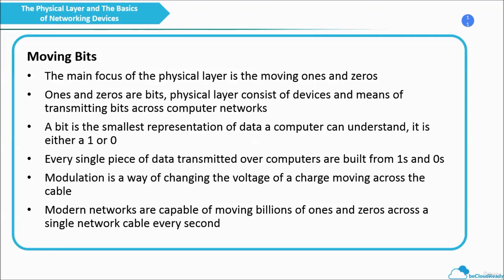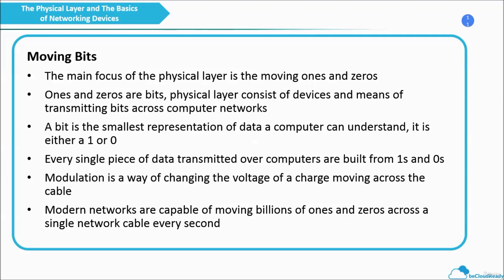Every single piece of data transmitted over computers is built from ones and zeros, and in fact, everything that you can see on your computer will only be built with ones and zeros. There is a whole set of arithmetic built upon this that only uses ones and zeros.